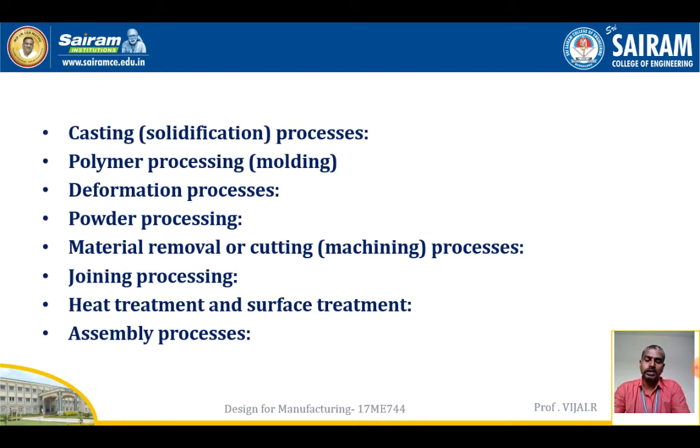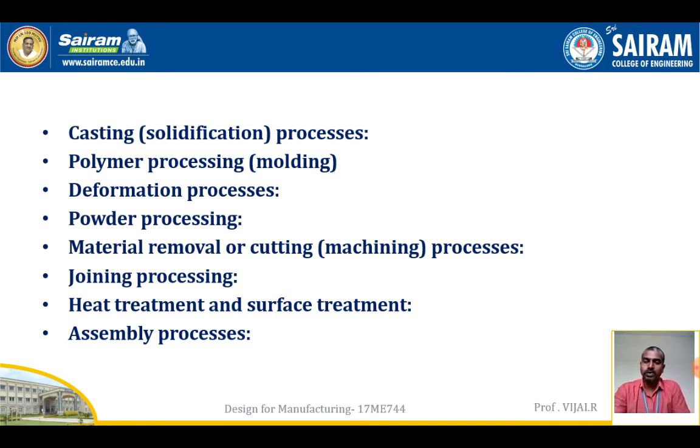For this, there are some processes which may affect the design. We have to choose which process for what type of product. If you design a product, if you have an idea about a product, then what are the processes to be followed from the initial stage to the final stage?